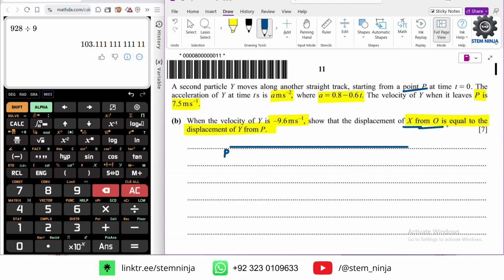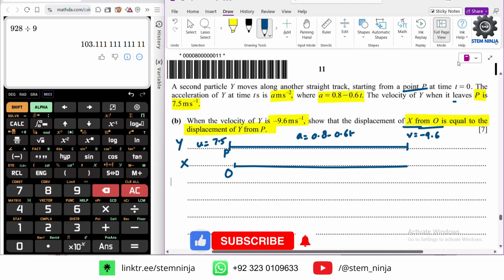Okay, so x from O and equal to y from P. So at this point, this is minus 9.6. The acceleration of y is 0.8 minus 0.6t. The velocity when it leaves P is 7.5 meters per second. Okay, right. And from O, the x, this is your y.